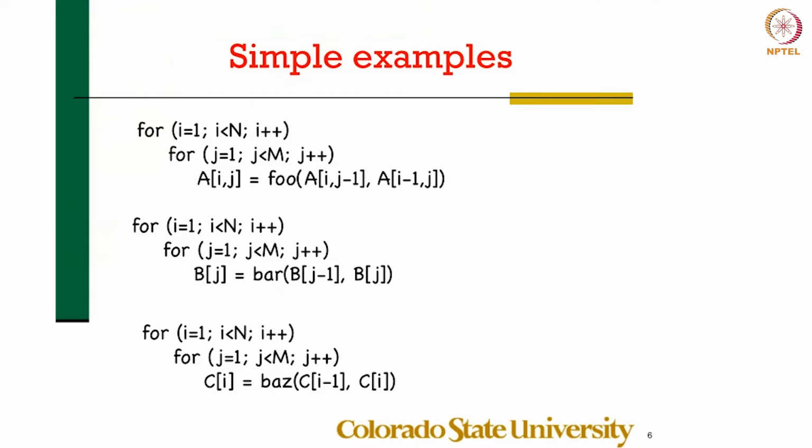And really, if you look carefully at it, any element Aij is written into by this program fragment exactly once. So sometimes such codes are called single assignment codes because you do only one assignment to any memory location.